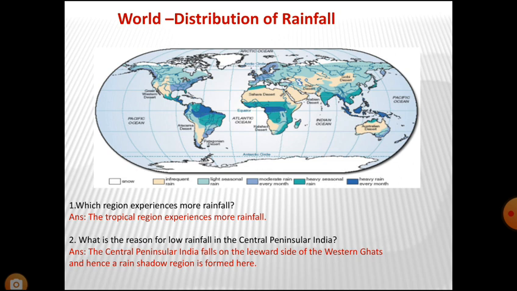Second question is, what is the reason for low rainfall in central peninsular India? So the answer is, central peninsular India falls on the leeward side of the Western Ghats and hence a rain shadow region is formed here.